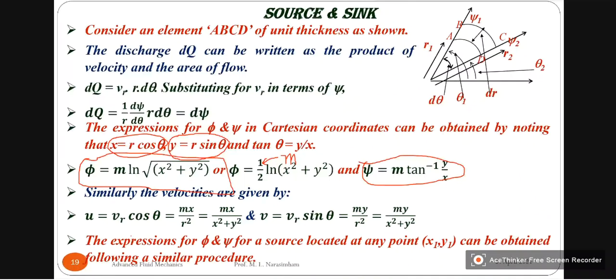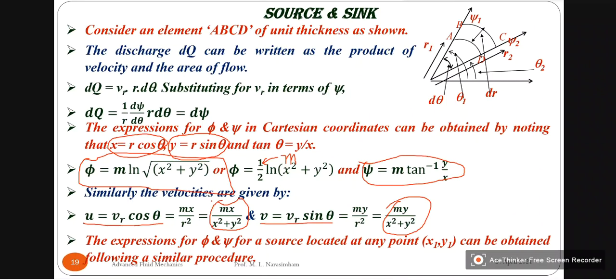The velocity in x direction, denoted by u, and velocity in y direction, denoted by v, will be obtained like this. So this is about the case of a source.